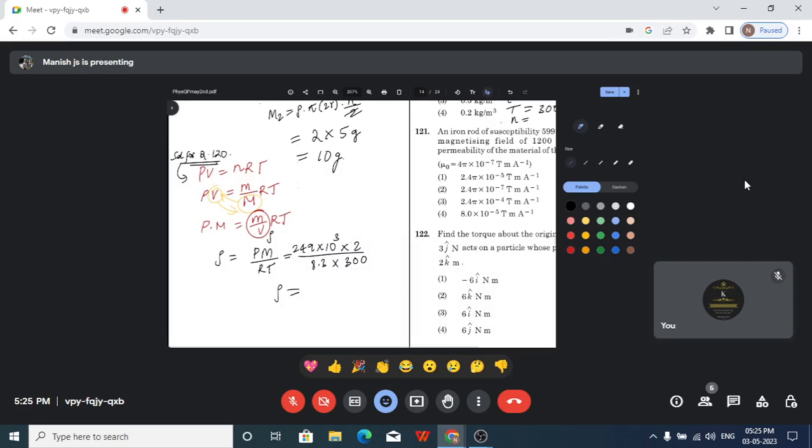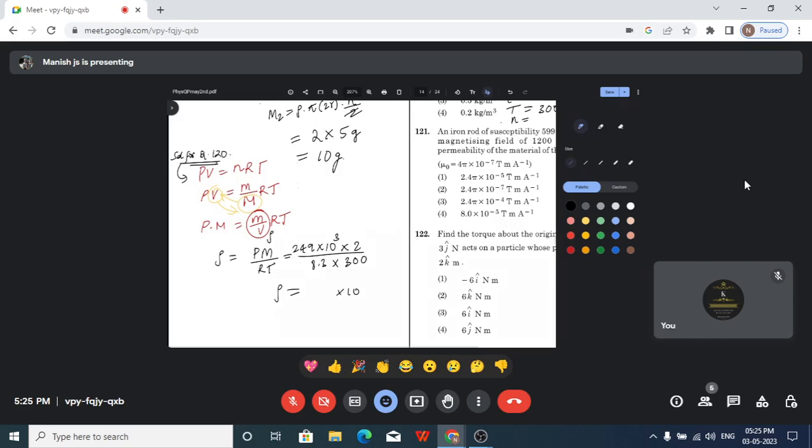Take your time and tell me how much you're getting. And the 10 square, take it up. It becomes 10 to the power minus 2 plus 3, which is 10. So 110 will definitely remain.